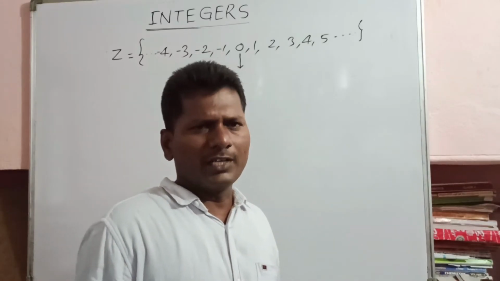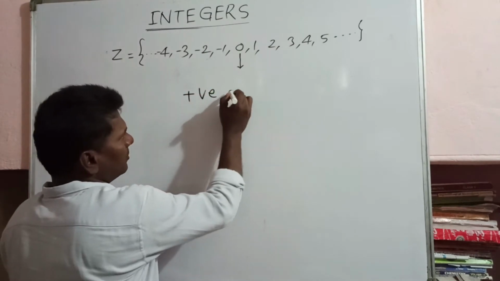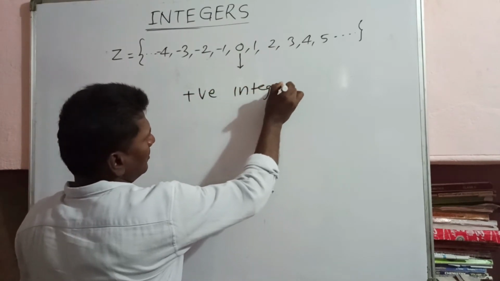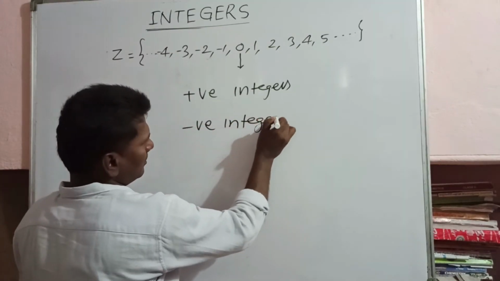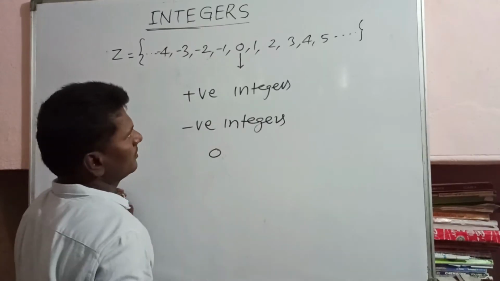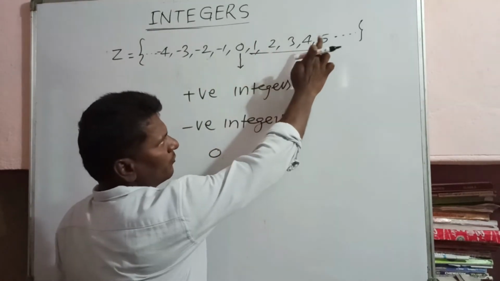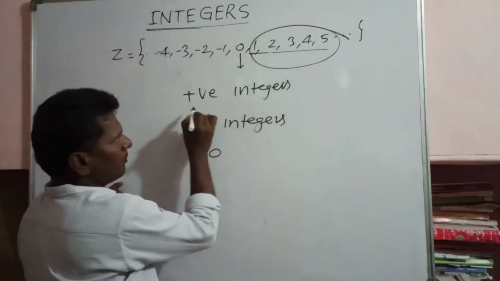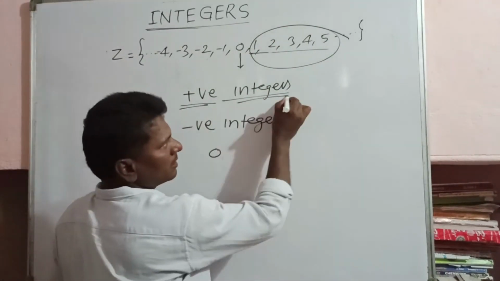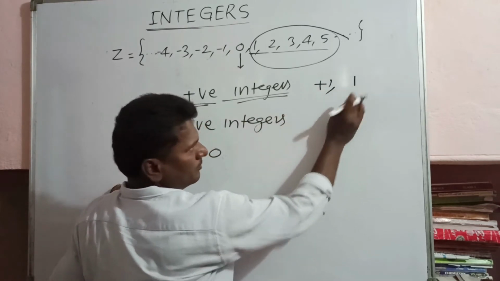In the set of integers we have positive integers and negative integers, and 0. 1, 2, 3, 4, 5 and so on are called positive integers. You can write +1 or 1.